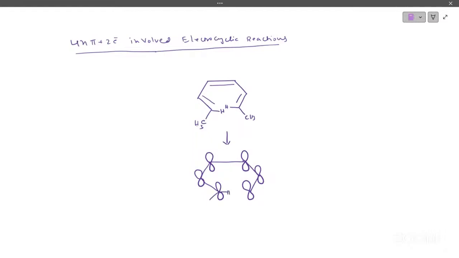Here the hydrogen and the methyl group. The drawing of these orbitals is very important to understand for understanding the further concepts in pericyclic reactions. Okay. Now, first you can construct the conrotatory electrocyclization this side. Conrotatory electrocyclization.